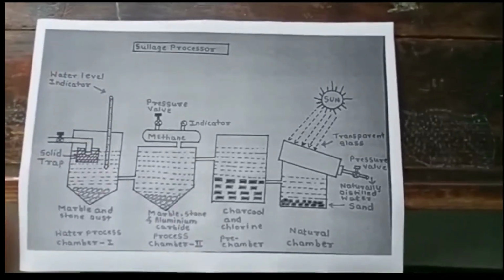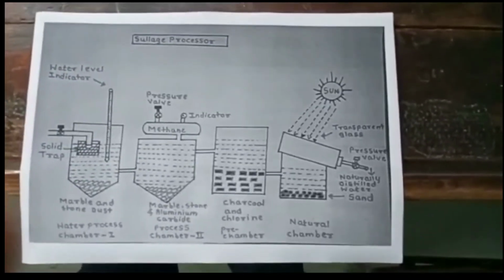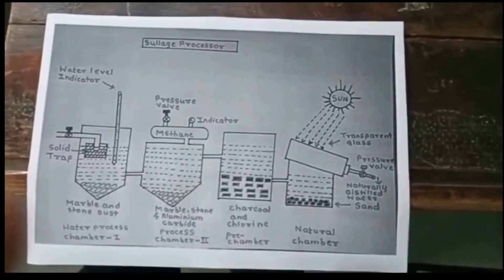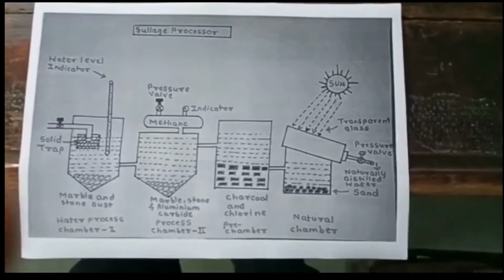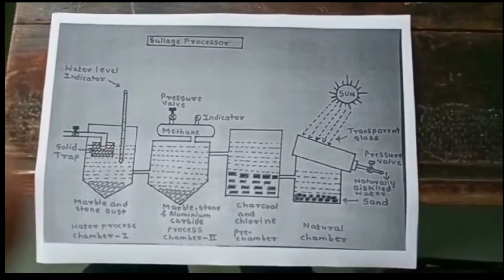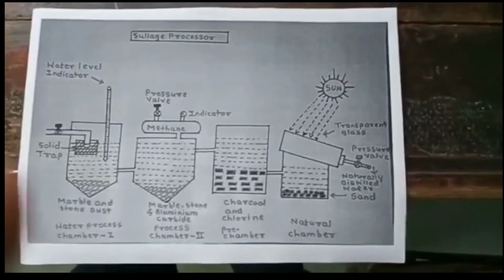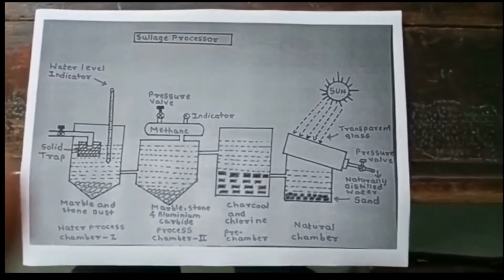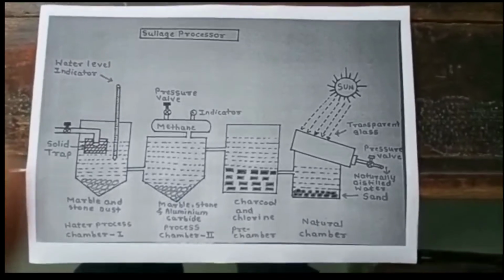Our next chamber is the pre-chamber. It is also called chamber number 3. It is made of aluminium, plastic or cement concrete of suitable shape and size. At the bottom of the pre-chamber, we are using charcoal to improve and purify the quality of water to a better extent.